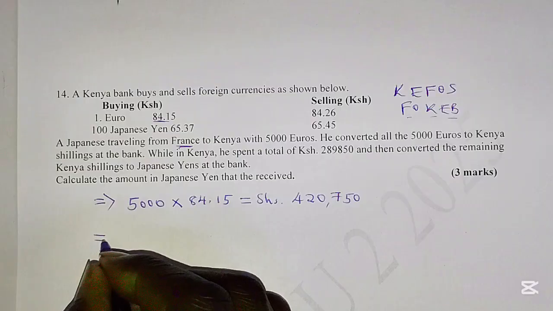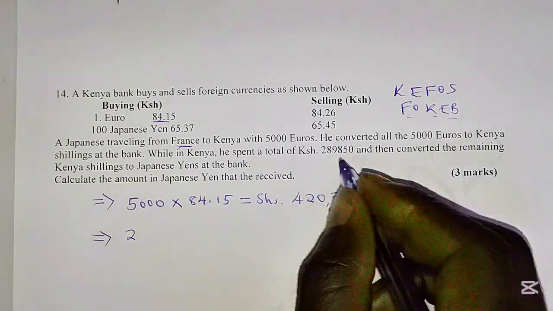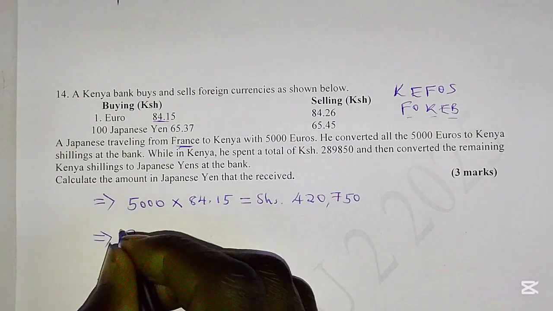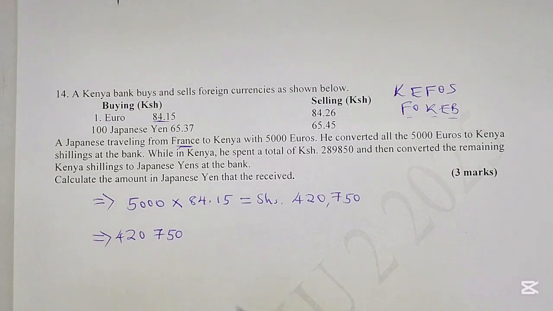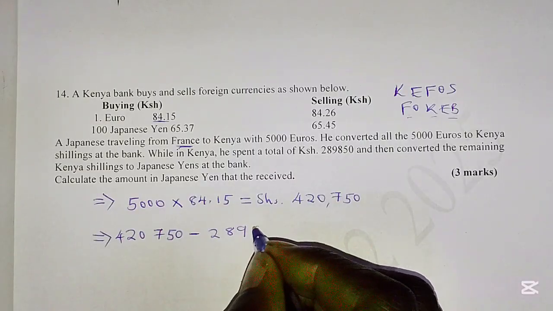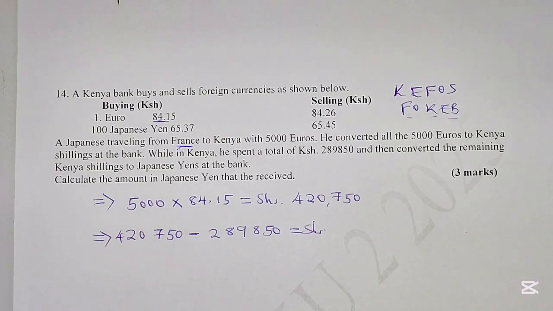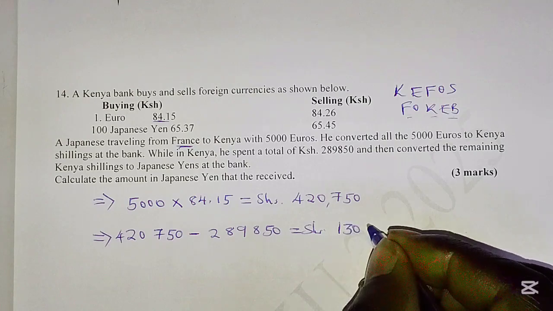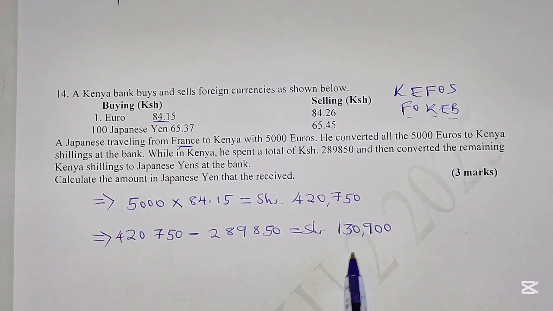So how much balance was remaining? It is 420,750, that is the money he had, then he used 289,850. If you subtract, he was remaining with 130,900.